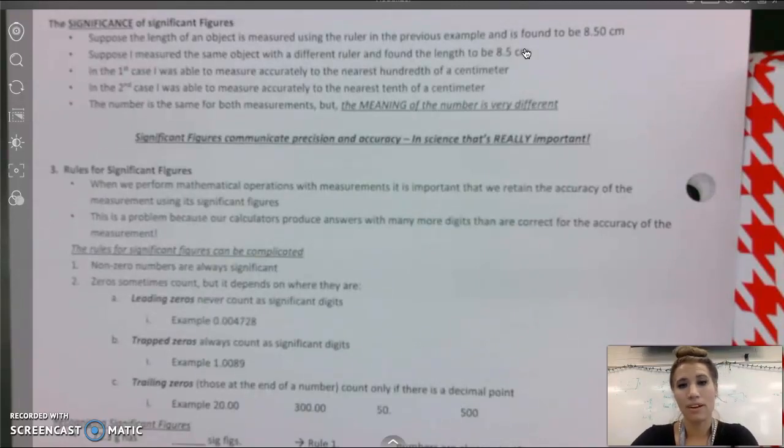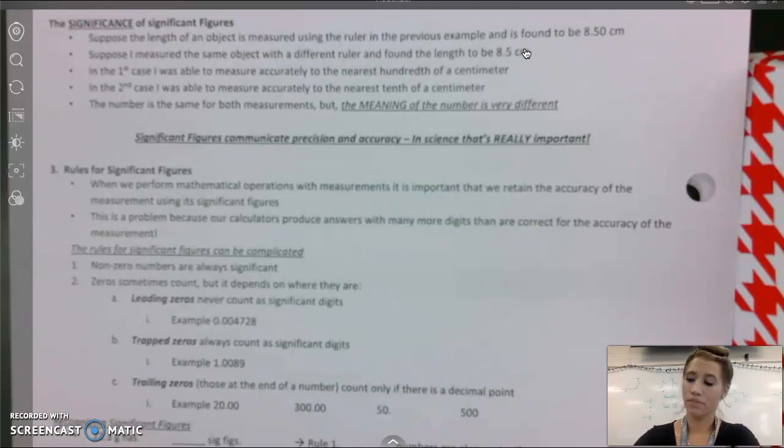So it's important that during our measurements and during our calculations that we follow those significant figures, sig figs, really closely so that we don't lose the accurate precision of those measurements as we move through our calculations. Okay? So here are the rules for recognizing significant figures in numbers.